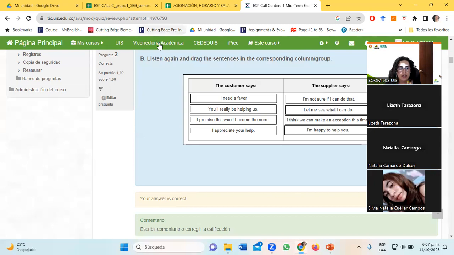So maybe the grade that you saw yesterday was lower than your real grade because there was a little mistake here on part B, from the listening part B. So do not worry, I checked already and I fixed the grades for this listening part too, right? If you had maybe 0.30 yesterday, now today you will have the whole point, right? So you can check the grading again to verify what your grade is today, okay?